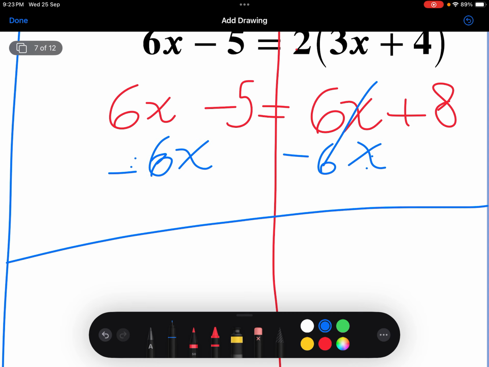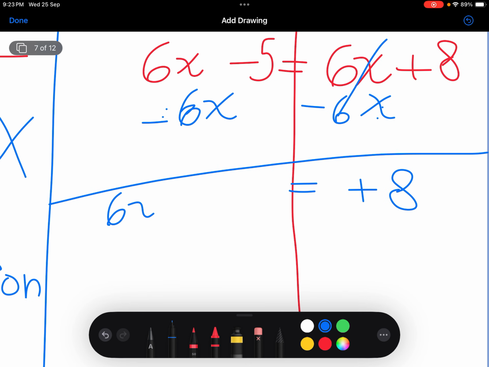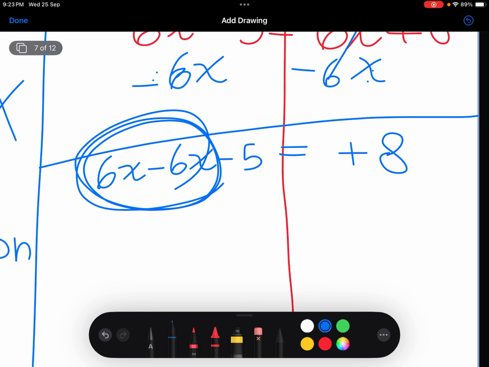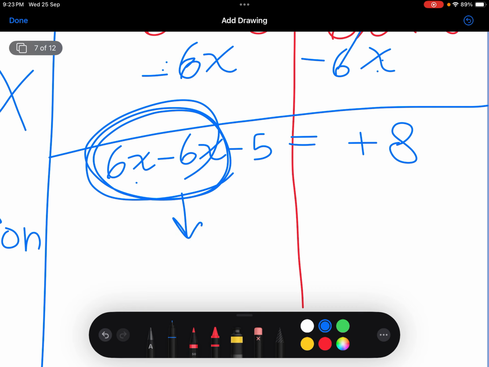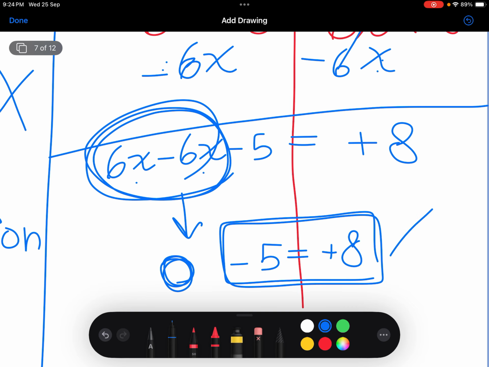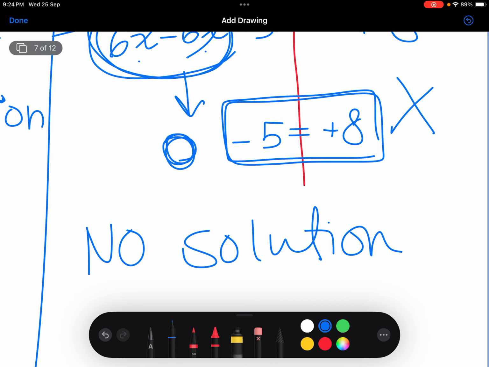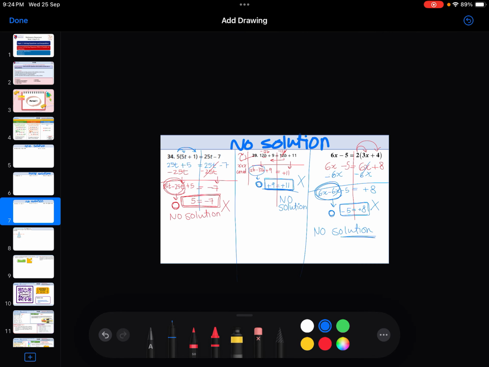What do we have? 8 equals 6x minus 6x minus 5. These two together, I have to combine them, by the way. They give me 6x minus 6x is 0. Now I have negative 5 equals positive 8. Is that correct? It's not. Then this equation has no solution. That's it. Very simple, straight to the point.